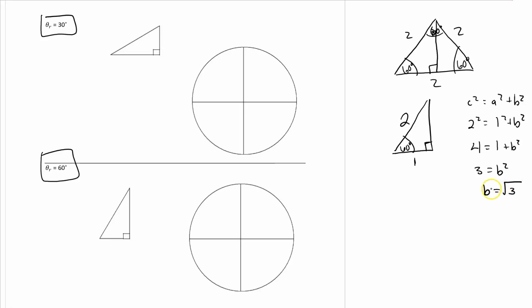Now we're just dealing with the magnitude, the length, so we're just going to go with a positive one. So I know that this right here is going to be root 3. We know what this angle right here is, it's going to be 30.